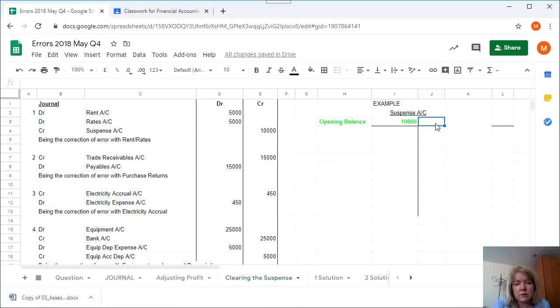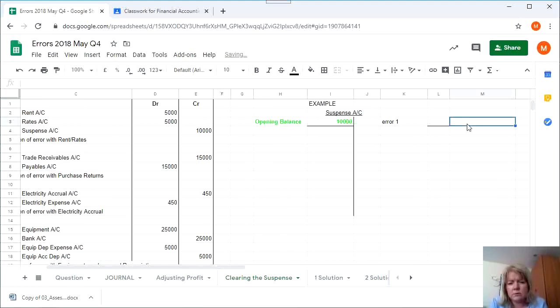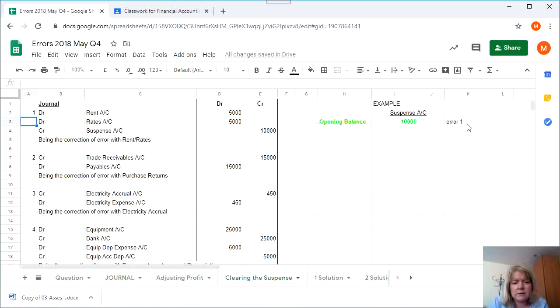So you simply go to your suspense account then, and if it's a credit in the journal, then it's a credit entry in your suspense account, and simply identify the error number. In this case it's error 1, and it's 10,000.